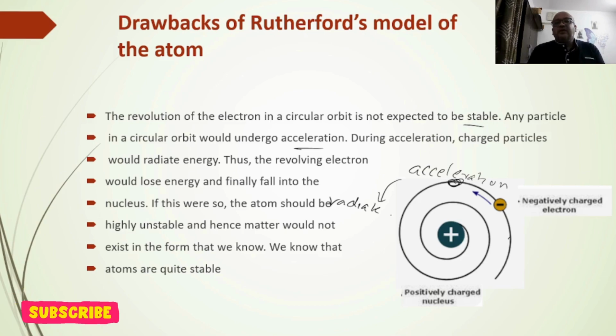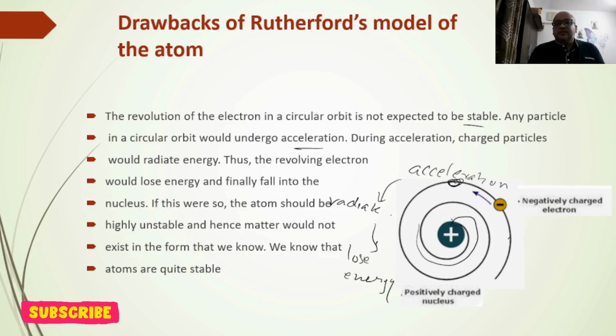And what will happen? The electron which is revolving would lose energy. Subsequently, after some time, it will lose energy, and finally it will fall into the nucleus.